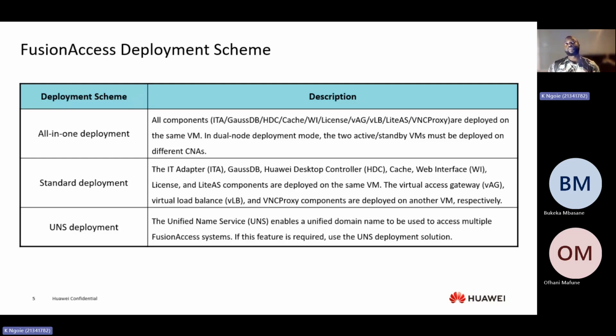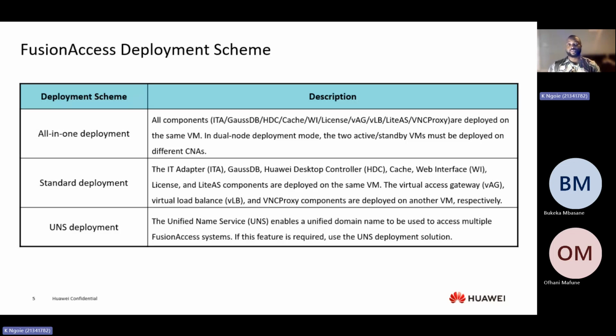So when we think of the first one, the all-in-one, in this case all components are deployed on the same virtual machine. That's how this is going to work. The user quantity for this type of case is fewer than 500, so we have less than 500 users. For the access type, we can use intranet users only.